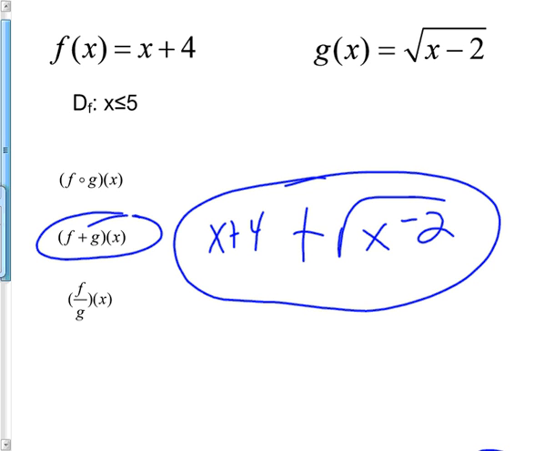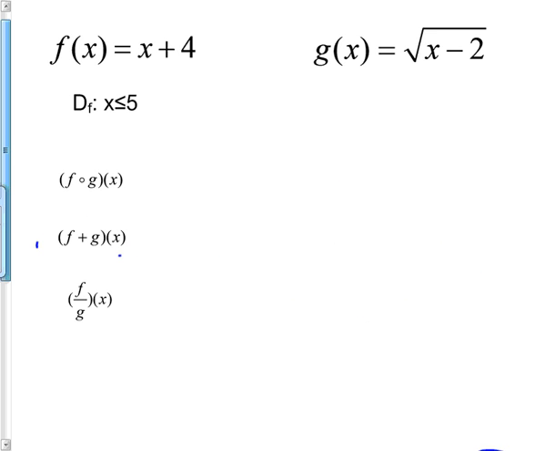The last one is f divided by g of x. Try this one, please. And the last thing is, write me its domain. And I'm going to see if any of you catch it.